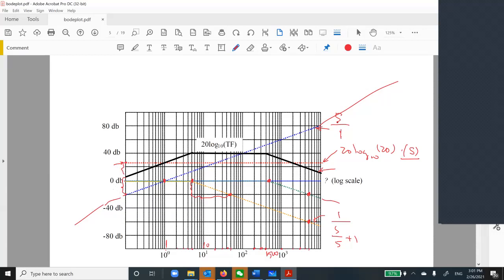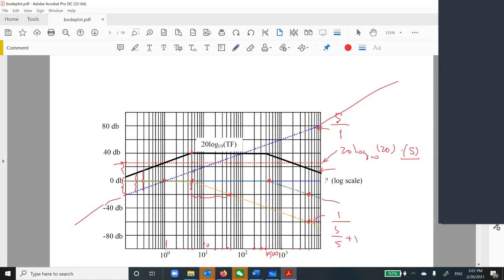So you move up 26 dB, the same, going up until a point corresponding to the 5. So this is a constant, you're already here.